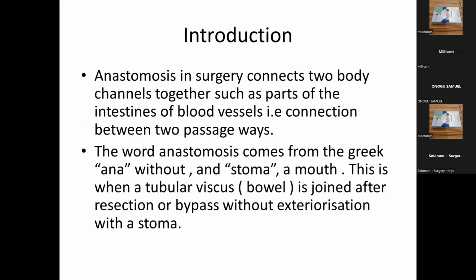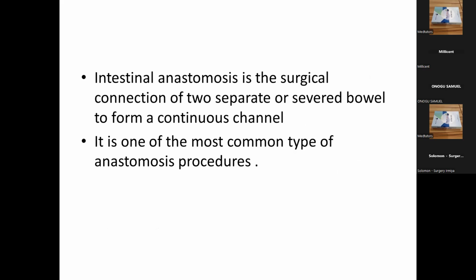So this is when a tubular viscus, that's bowel, is joined after resection or bypass without exteriorization with the stoma. So it's joined without a mouth. So that is the means by the nomenclature in which anastomosis was coined. So intestinal anastomosis is the surgical connection of two separate or severed bowel to form a continuous channel. Now, it is one of the most common types of anastomotic procedures carried out in surgical practice.